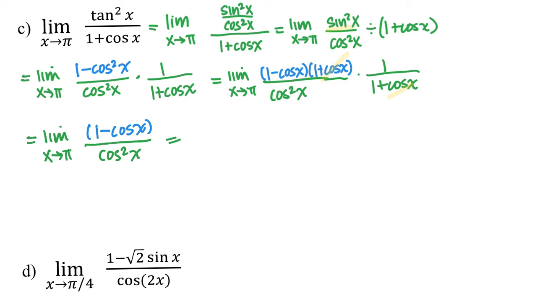So 1 minus the cosine of pi over the cosine of pi squared. The cosine of pi is negative 1. Okay, so the limit as x approaches pi of that expression is 2.